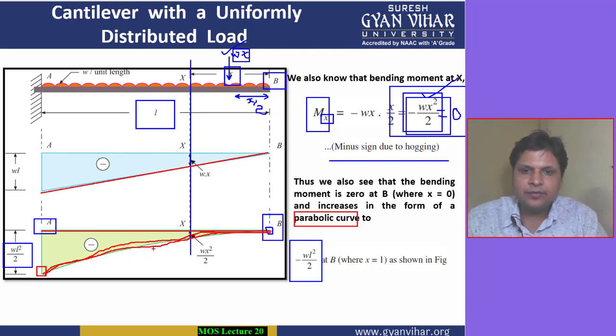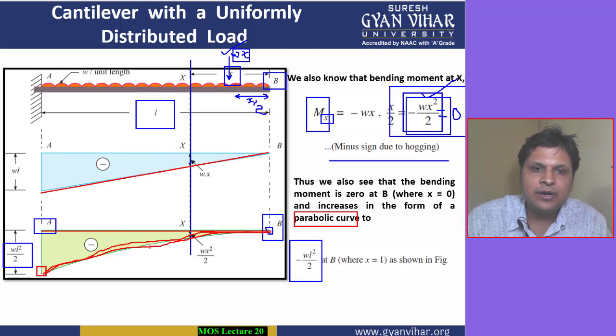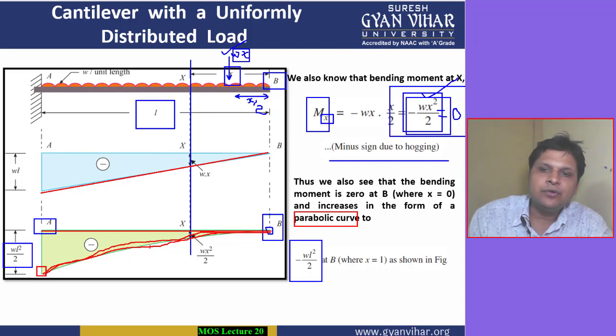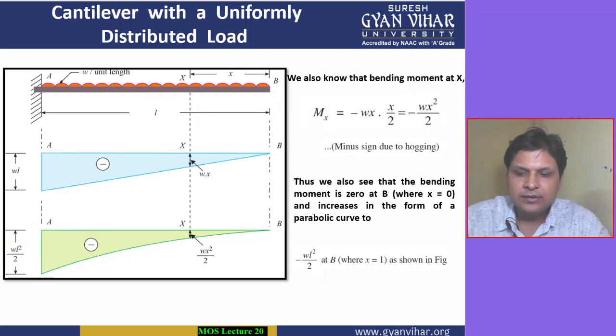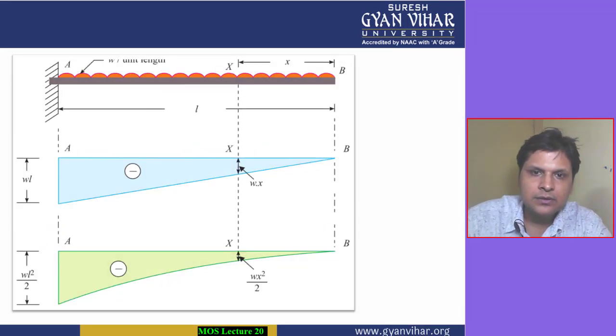All right, so in this way you can calculate and draw the shear force and bending moment diagram for a cantilever which is loaded with a uniformly distributed load. This is the complete diagram which I have tried to explain to you.